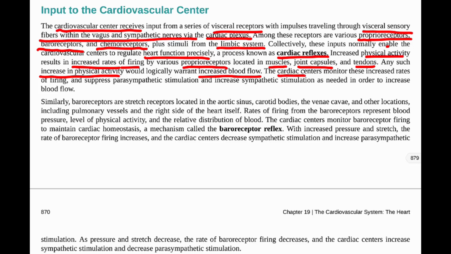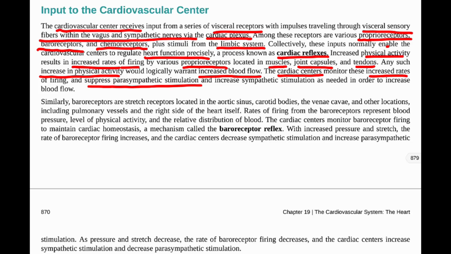So the cardiac centers monitor these increased rates of firing, and then they suppress parasympathetic stimulation. Remember, we're constantly sending that information like slow down, slow down, slow down to the SA node. So when we have these proprioceptors picking up on this increase in movement, for example, then it's going to be sending messages like there's joint movement and stretching on tendons.